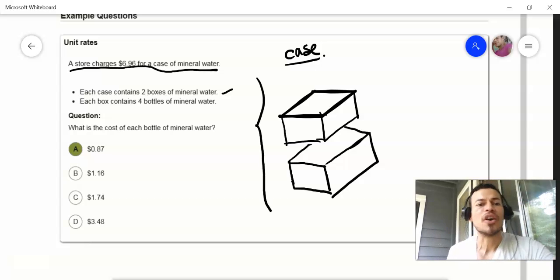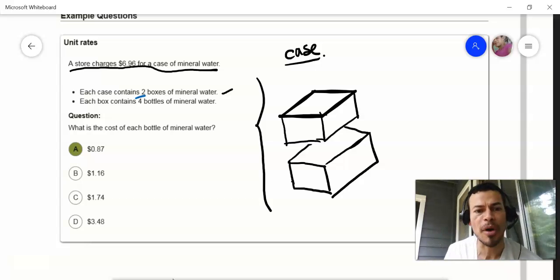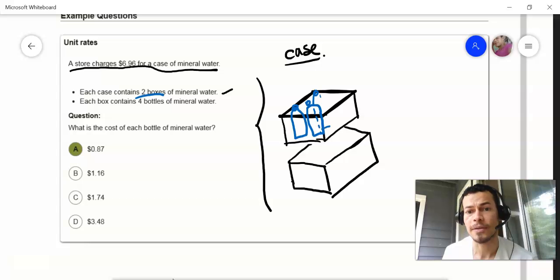Each box contains 4 bottles of mineral water. So we have the boxes here. We know that a case contains 2 boxes, and we know that each box contains 4 bottles. So we have 1 bottle here of mineral water, one bottle here, another bottle here, and another bottle here.